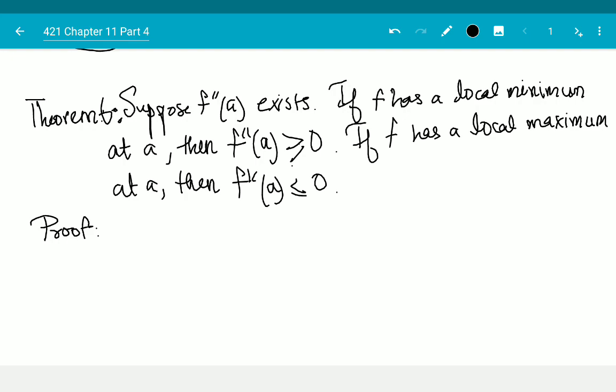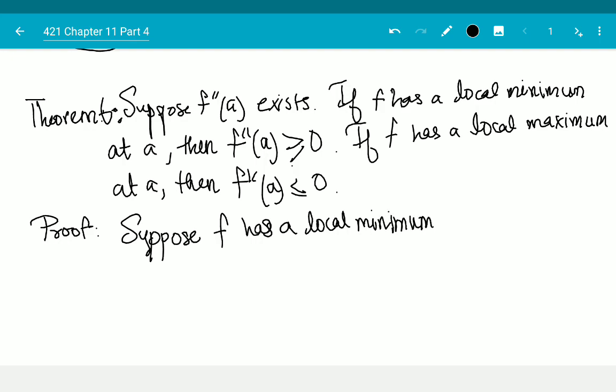And the proof is relatively simple. Suppose f has a local minimum at a. Well, if it is a local minimum, therefore f prime of a is equal to 0, right?